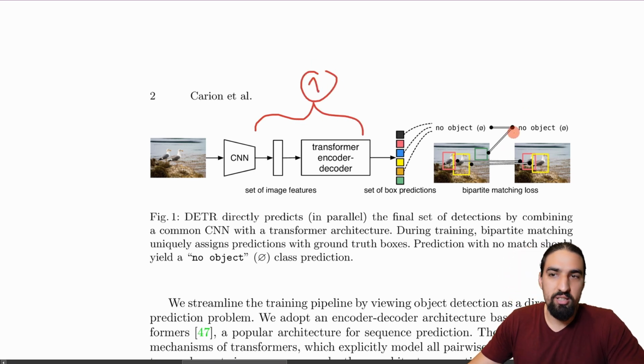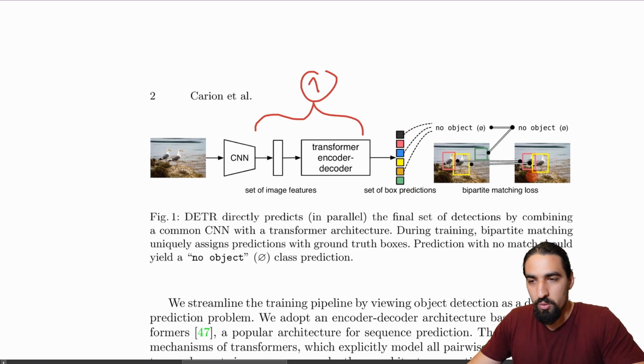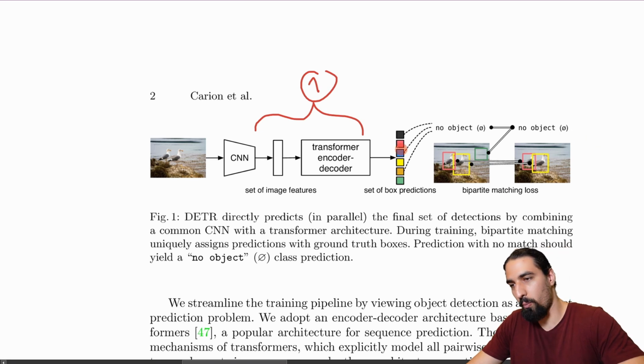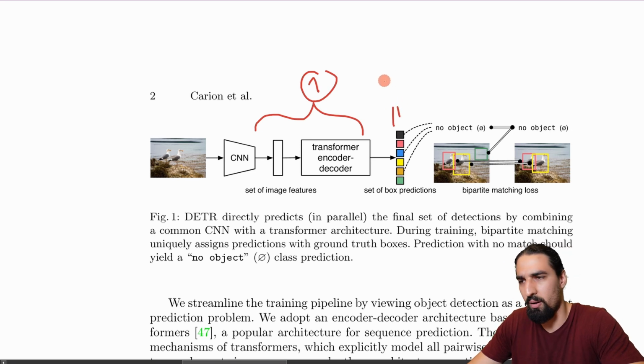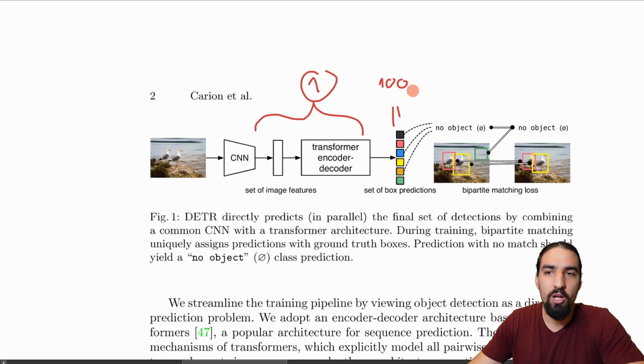The second part is, given the predictions, the bounding box predictions and the associated classes, how do we match those with the set of ground truth bounding boxes here? What this model outputs, as we'll soon see, and this is a hyperparameter, but they've used 100 as the default. That means we're always outputting 100 bounding boxes. So we'll have two vectors as the output from our model.